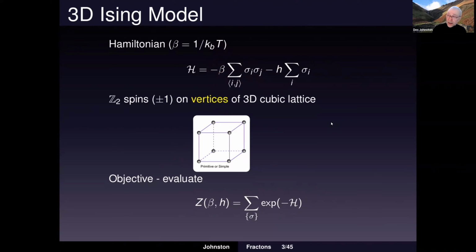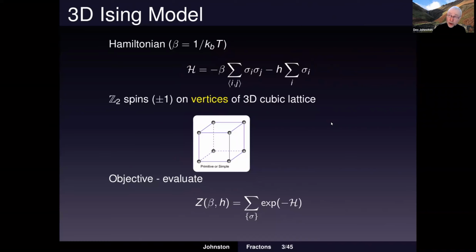And the question is, how does the system transition between the high temperature disordered phase and a low temperature ordered phase? So if this Hamiltonian was on a 1-dimensional chain, you could solve it exactly. And you could see that there wasn't a sharp phase transition. So this is what Ising did originally. He solved the 1-dimensional Ising model and showed there wasn't anything interesting going on.